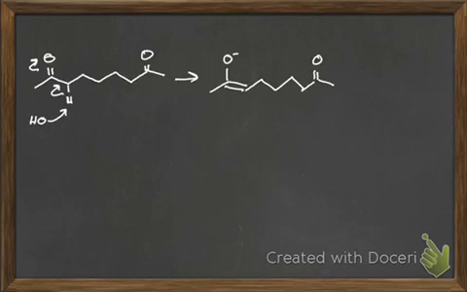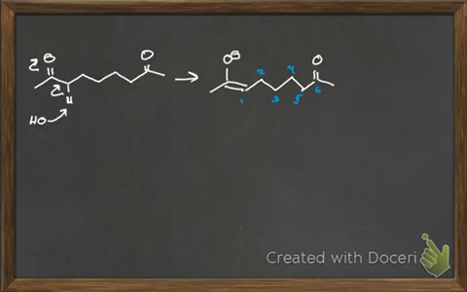And now if we need to count, and folks, when you're doing these on a quiz or an exam or homework, don't be afraid to count carbons. You've noticed I've been doing it all the way. This isn't Las Vegas. You can count all the carbons you want. 1, 2, 3, 4, 5, 6.